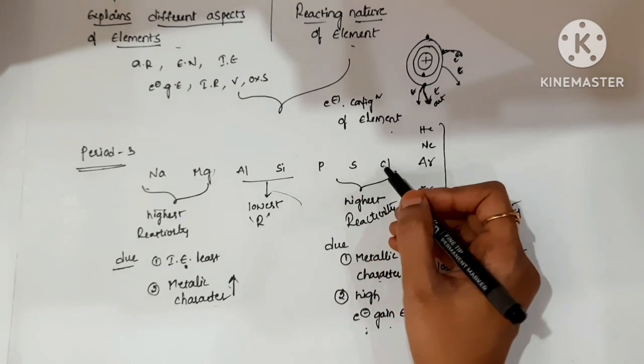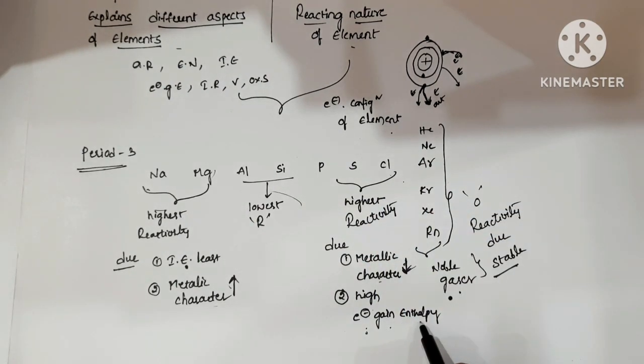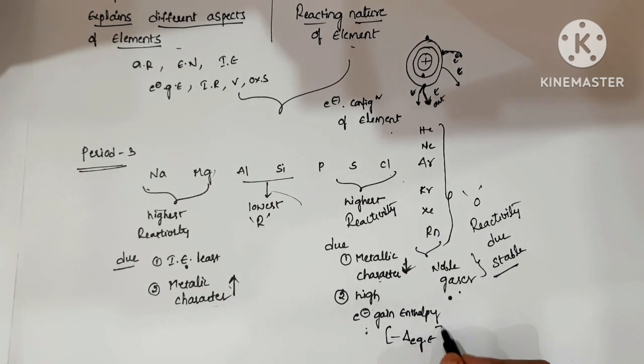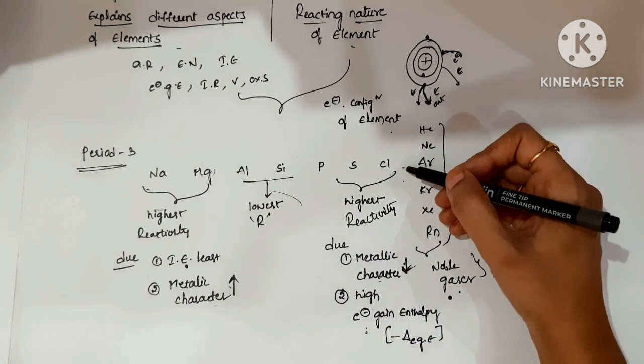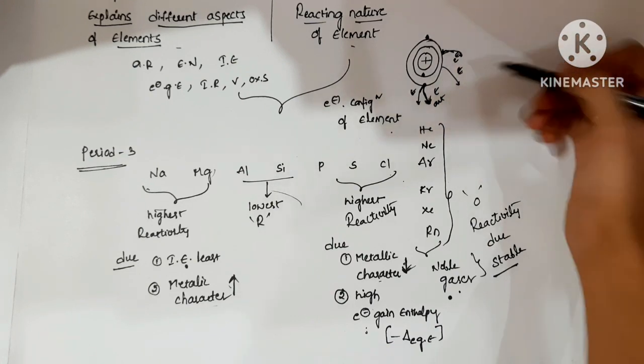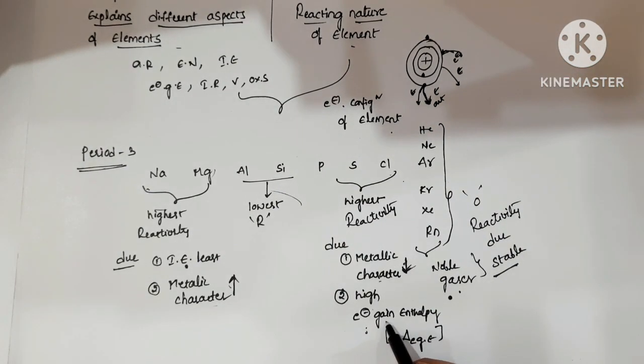These elements have high electron gain enthalpy, that means negative electron gain enthalpy. It means energy is released when an electron is added. We have to remember that electron gain means adding.